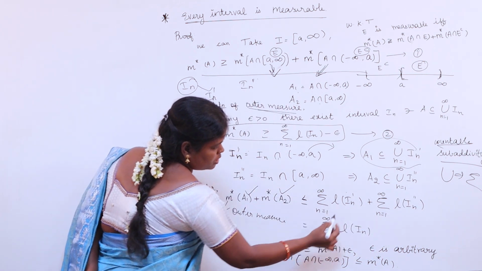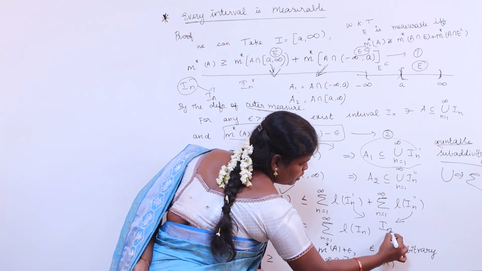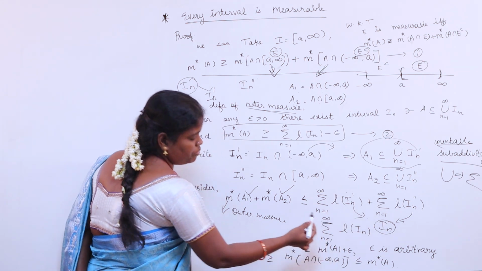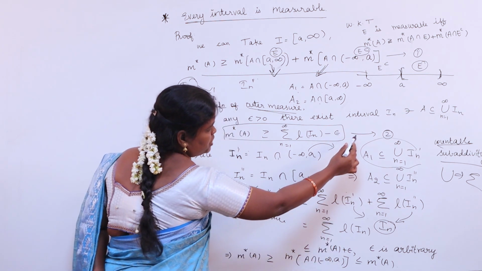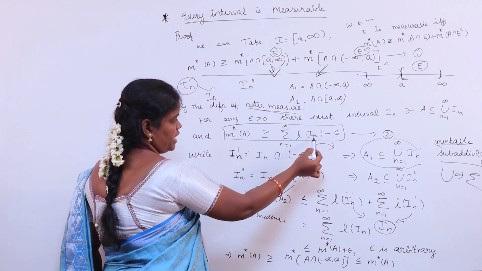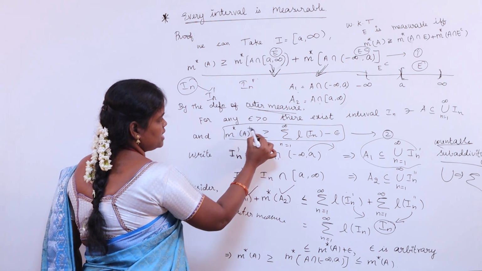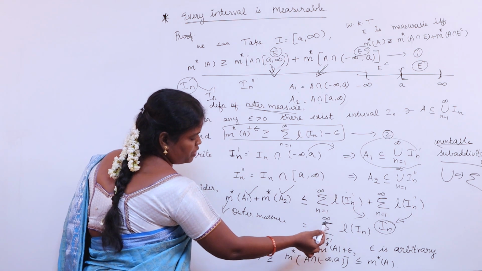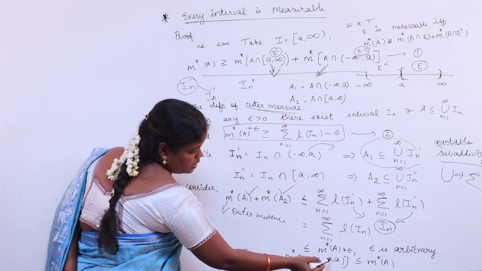This interval is taken from In, so that is equal to the sum n equal to 1 to infinity of length of In. Then from equation 2, the sum of length of In is less than or equal to outer measure of A plus epsilon.